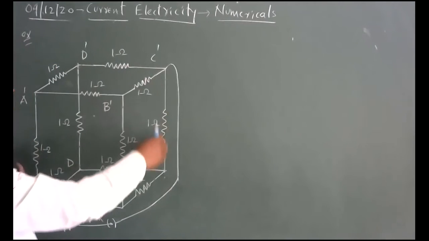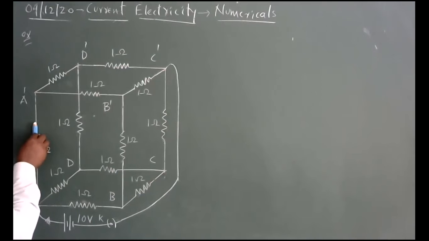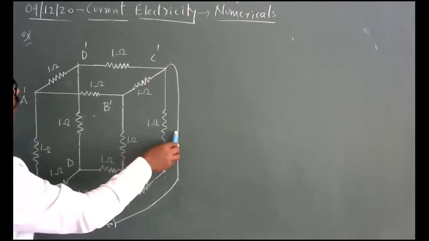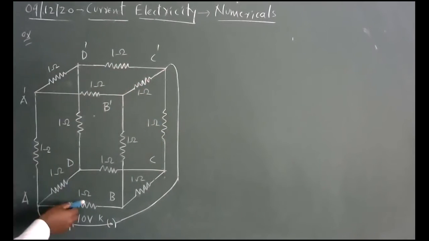Look at this whole circuit. It's a cube where you have 12 edges: 1, 2, 3, 4, 5, 6, 7, 8, 9, 10, 11, 12.